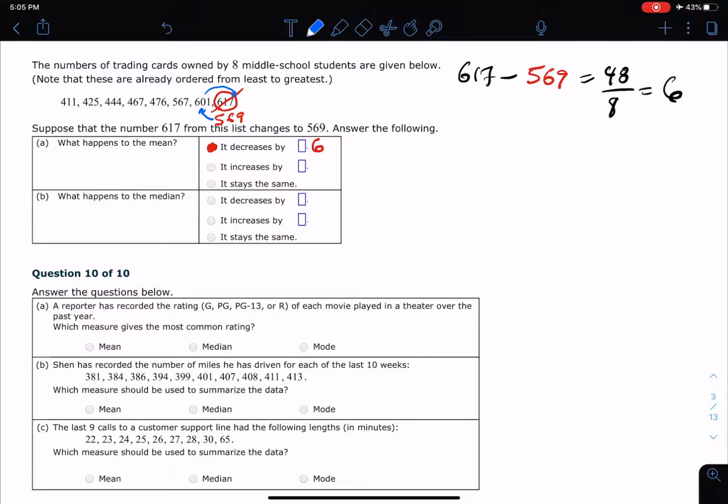It doesn't change the median because the median is still going to be physically 1, 2, 3, 1, 2, 3. It's going to be between those two numbers, right? Because that's the median. So that didn't change the median at all. So the answer is, what happens to the median? Stays the same.